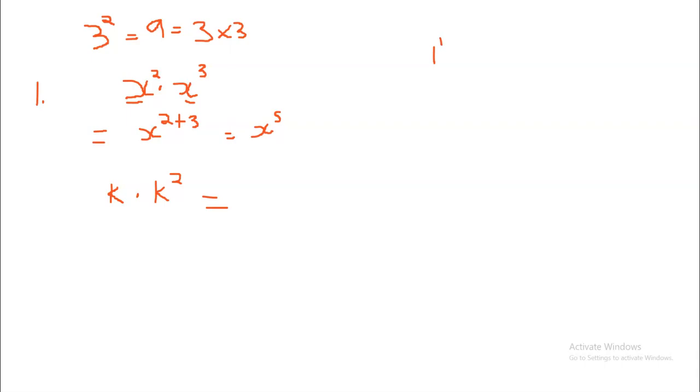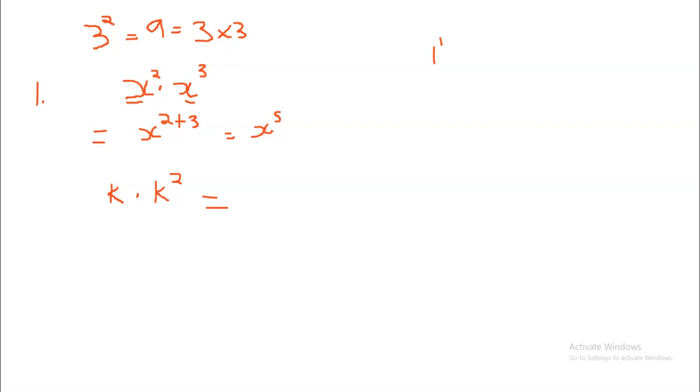Example, if you were to put 1 to the power of 1 in a calculator, that will give us 1. So any number to the power of 1 is always equal to that number or that letter. So here I've got K. Always know there's a 1 there, even though they won't show it to you in the exam or test. And remember, based on the law, these two are the same base.